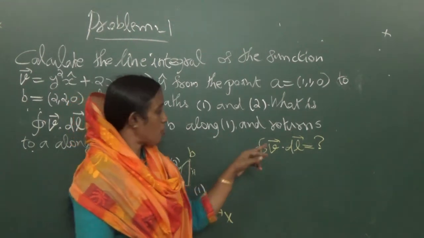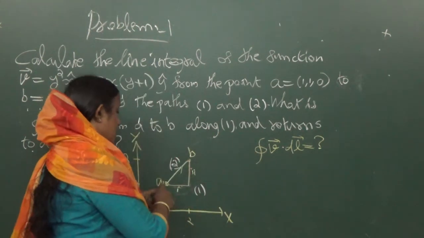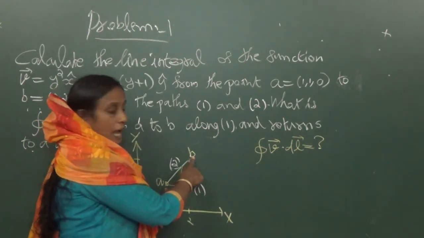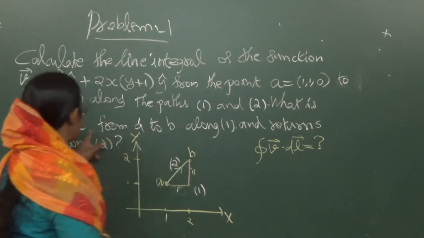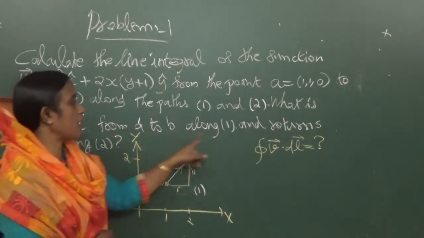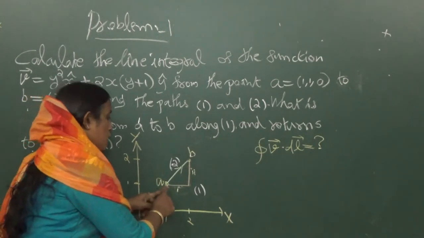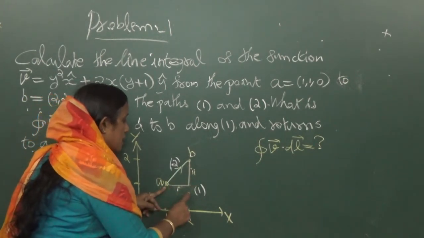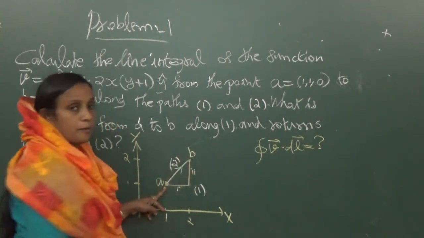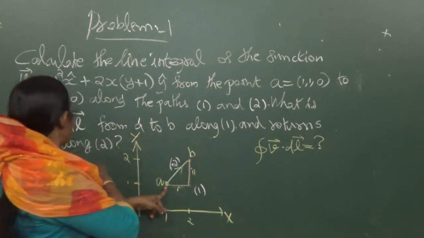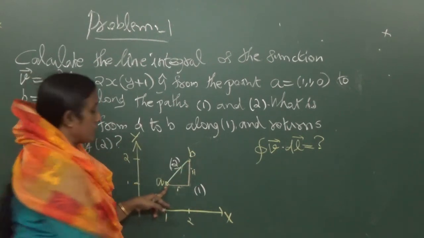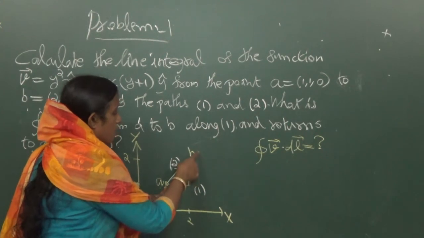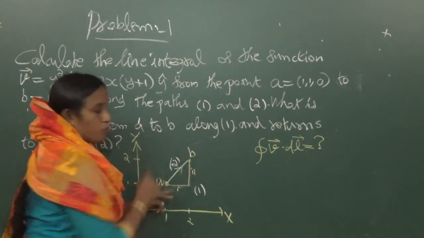So you have to find out integration from A to B and B to A. That is given here. From A to B along 1, you have to select path 1, and return from B to A along 2.